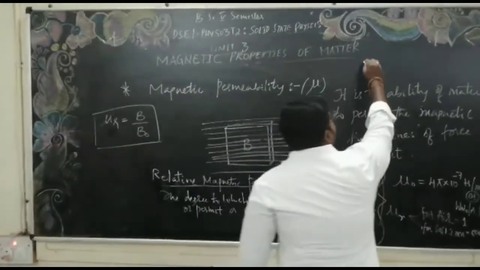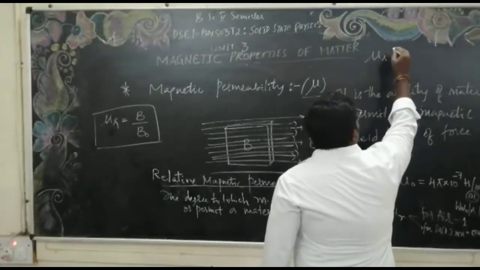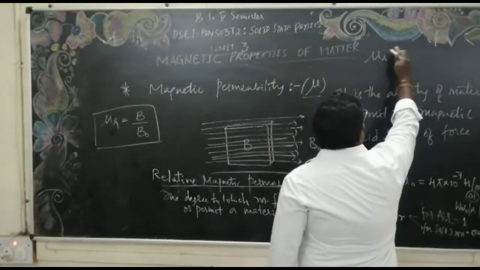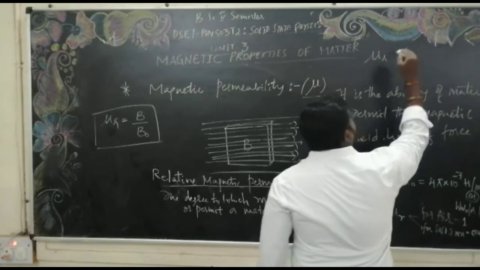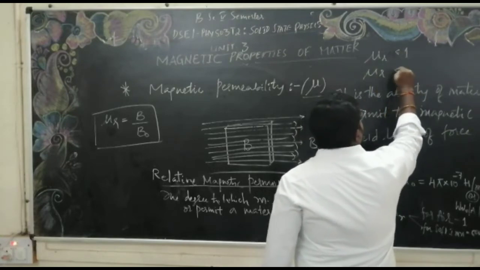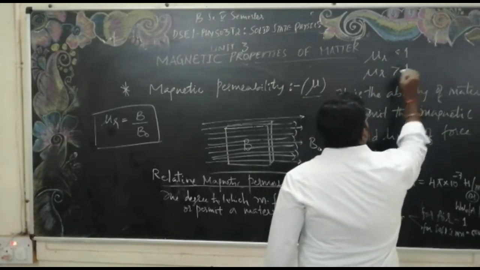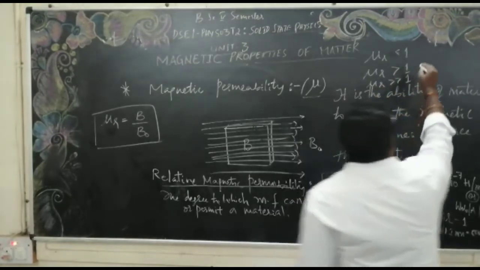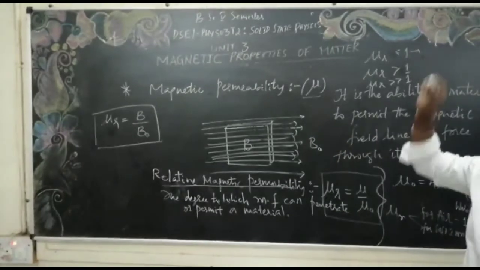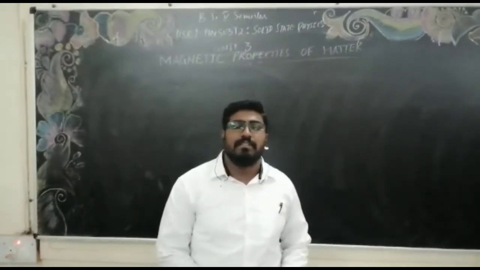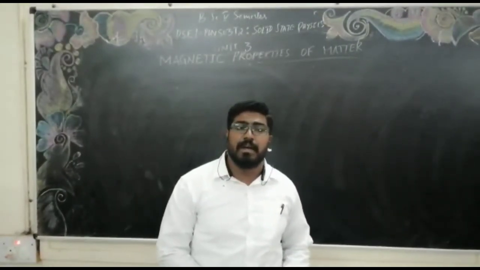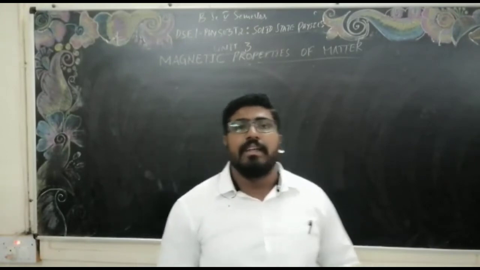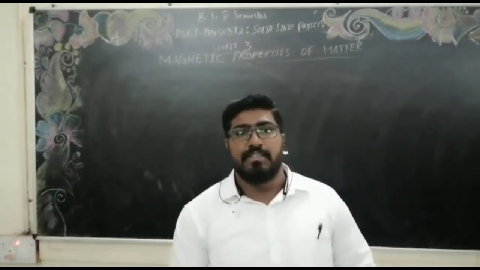As I told you, the relative permeability may be less than 1, or greater than 1. In the last class, we studied the magnetic permeability of the material as well as of free space.